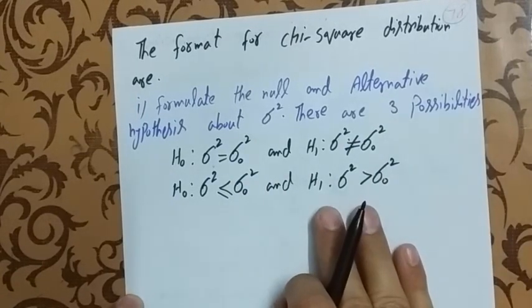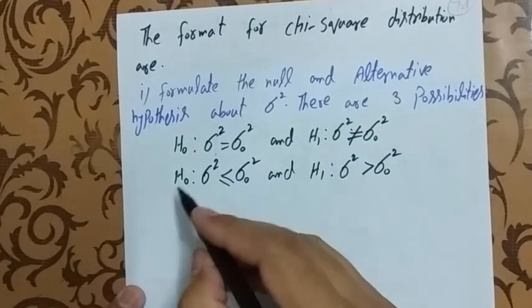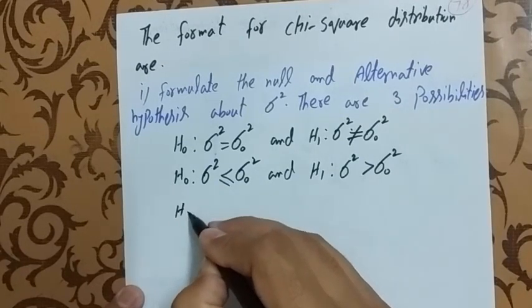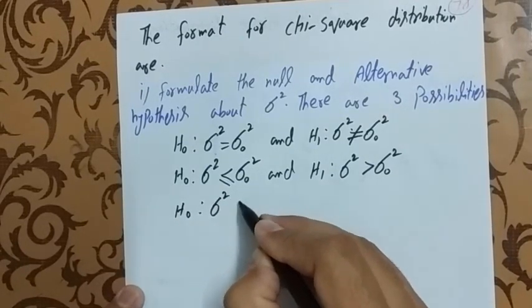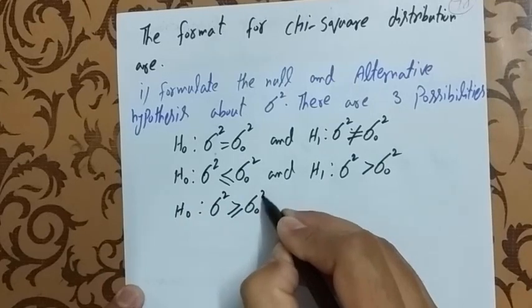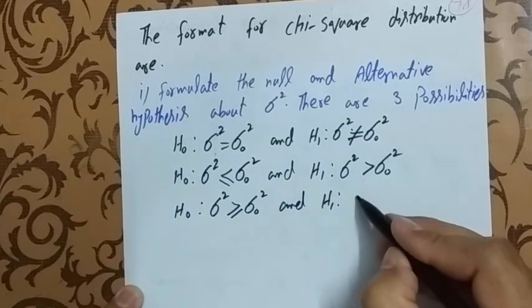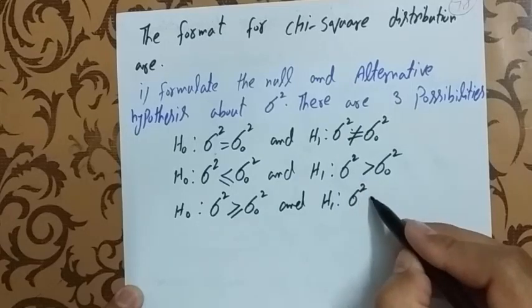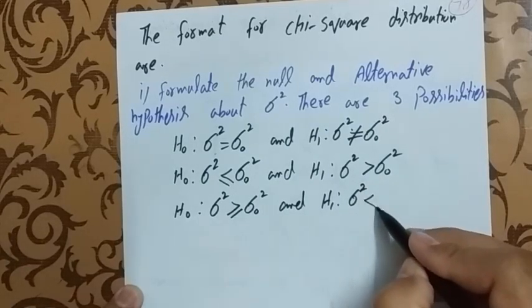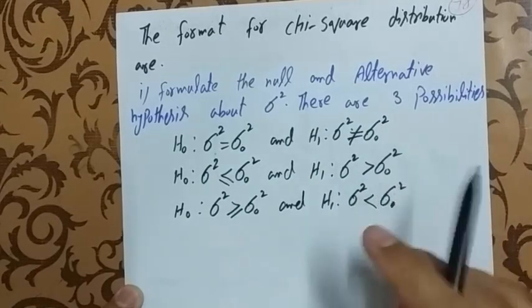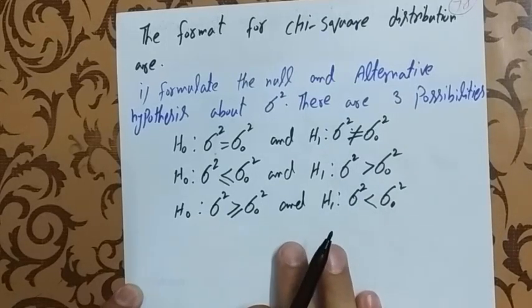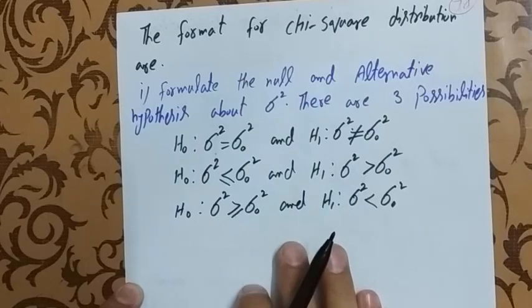And the third possibility is, if H naught is sigma square greater than or equal to sigma naught square, then H1, the alternative hypothesis, is sigma square less than sigma naught square. These are the three possibilities for the null and alternative hypothesis.